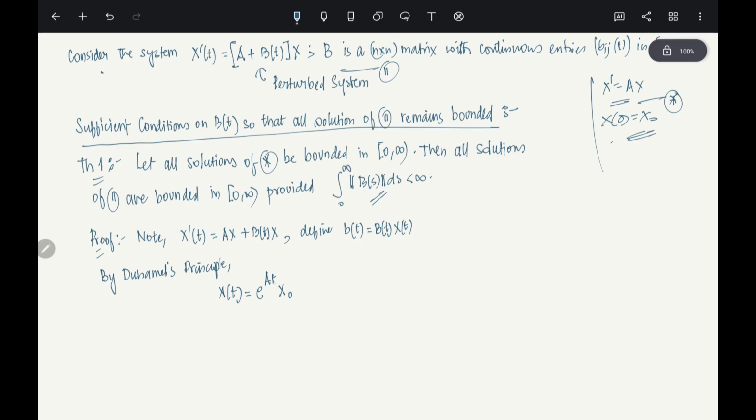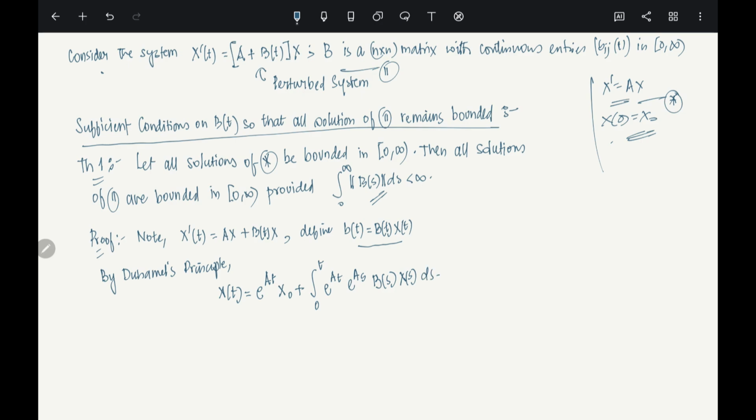So x of t equals e to the power At times x naught, the solution of the homogeneous problem, plus, you remember the next part, the integral from 0 to t of e to the power A(t minus s) times b(s), this term, x of s ds. Yeah, I can write it like this.